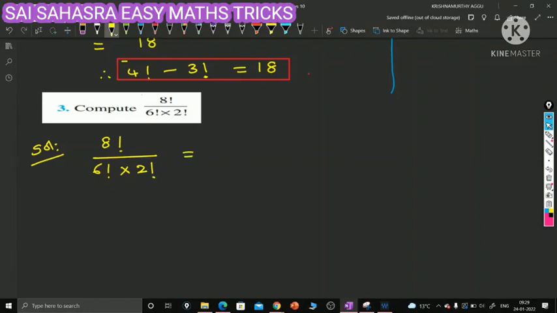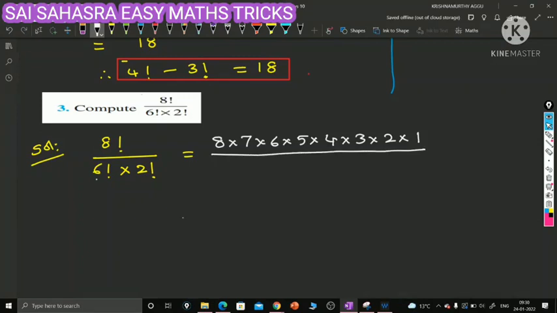Yes. 8 factorial, how to write? Tell me. Swapnil, answer the question. 8 into 7 into 6 into 5 into 4 into 3 into 2 into 1, divided by 6 factorial.